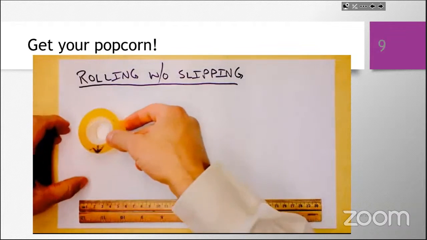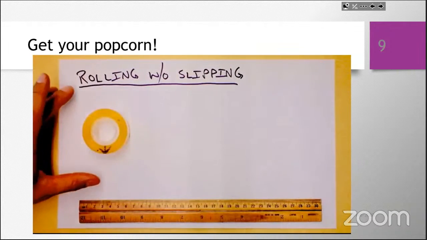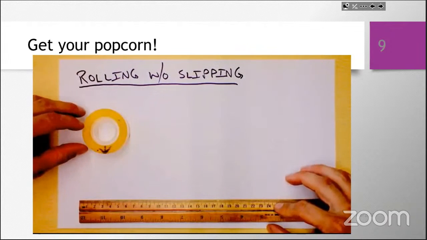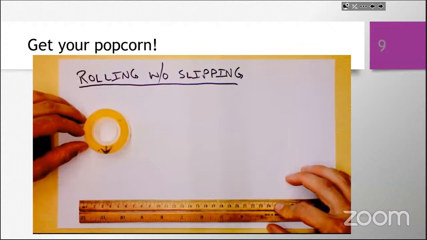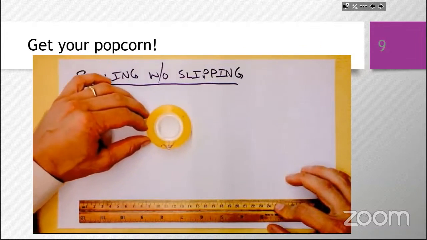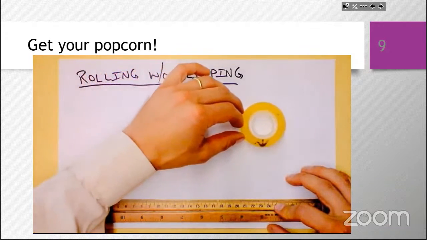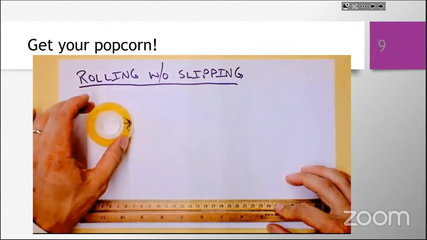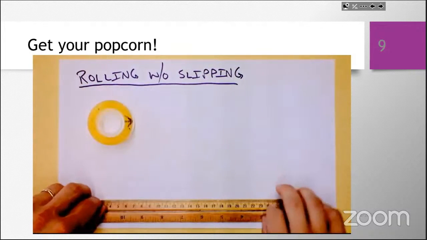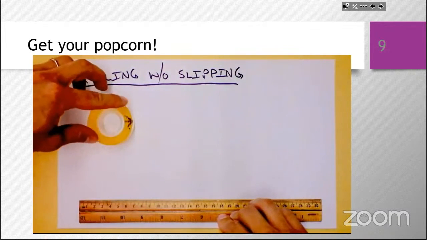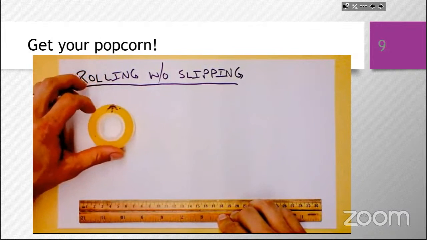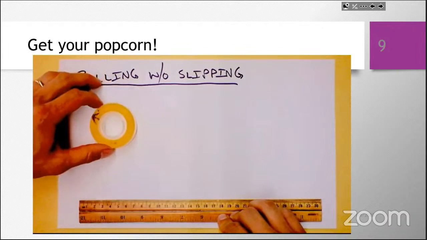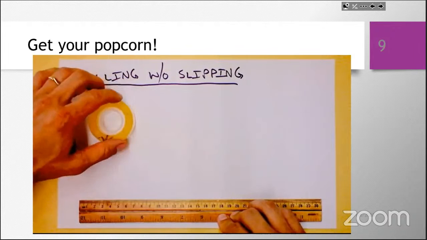Here's a circle, and there's translation, and we've spent a great deal of time talking about translation so far. Translation would be the center of mass moving. And then, of course, there's also rotation. We've just started talking about rotation, so a positive rotation would look like this. The center of mass is at rest, yet there's spinning happening.